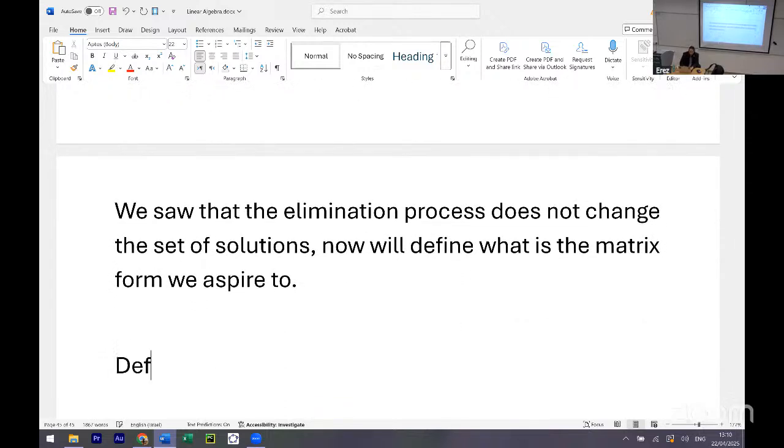So first definition: a value, a place in a matrix is called, I'm thinking about how to translate it. It has many names in Hebrew.